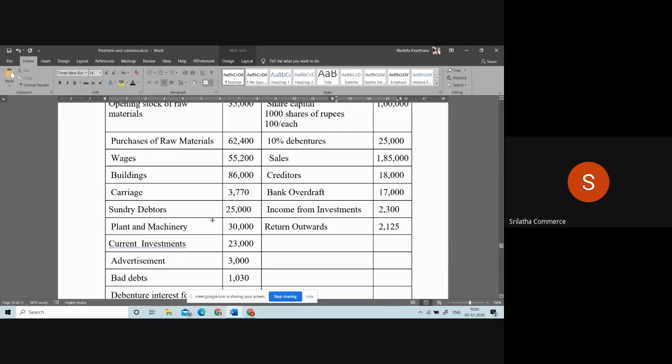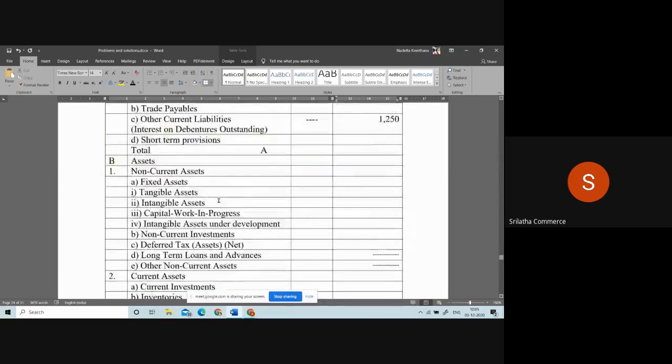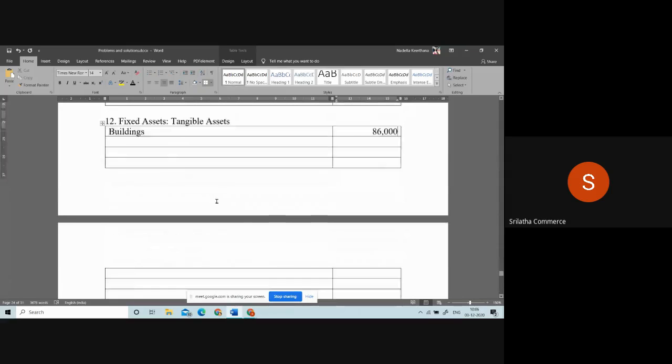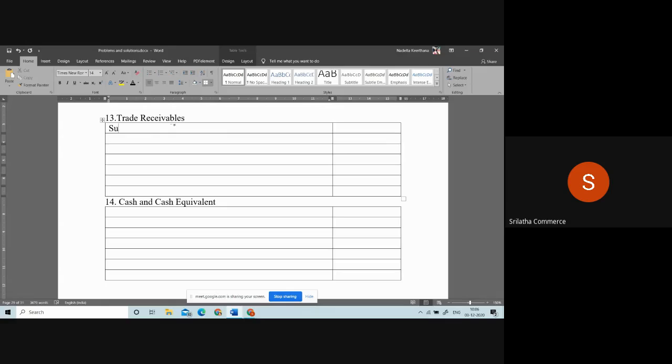Sundry debtors come under trade receivables, 25,000. So trade receivables, sundry debtors, how much, ma? 25,000. Yes, ma'am. Less reserve for doubtful debts to be deducted from here, isn't it? Less provision for doubtful debts, how much? 1,250. To the outer column, we take 23,750.